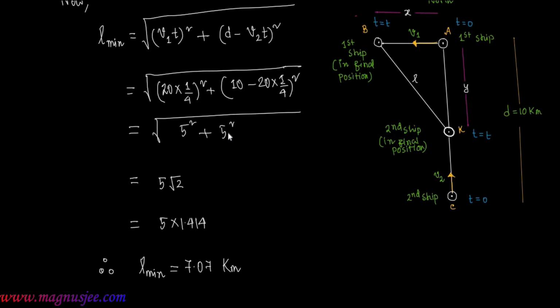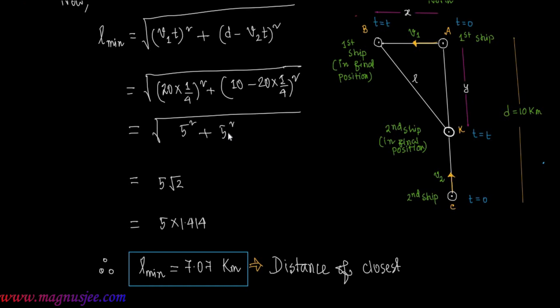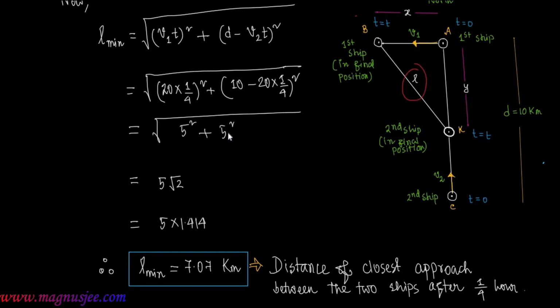That is the distance of closest approach, L is equal to 7.07 kilometer, which is the distance of closest approach between the two ships after 1 by 4 hour.